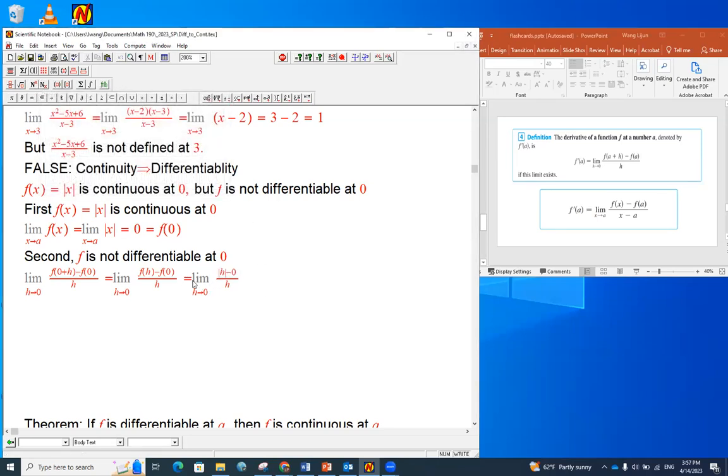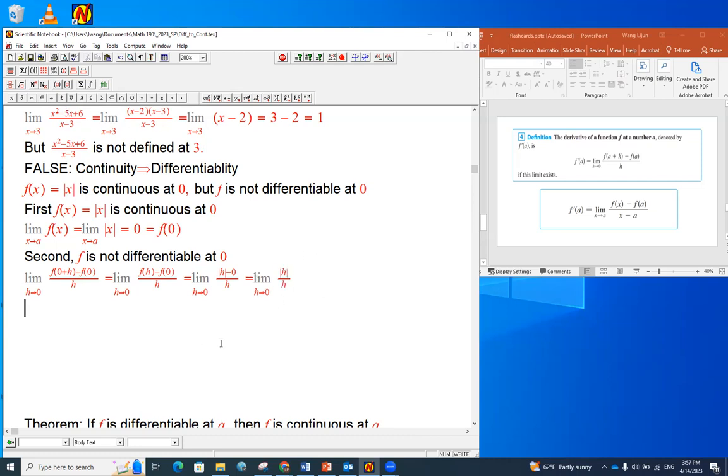So we get the absolute value of h divided by h, and we're going to evaluate this limit.